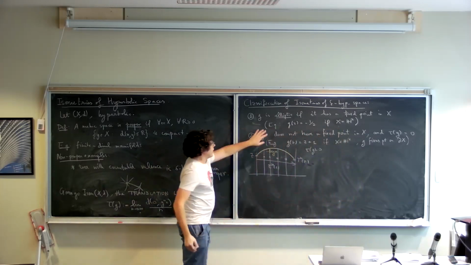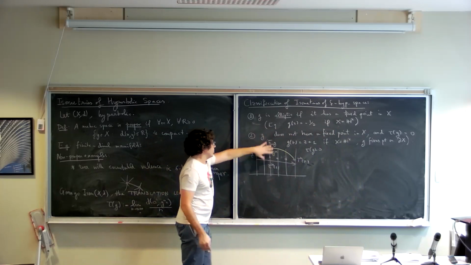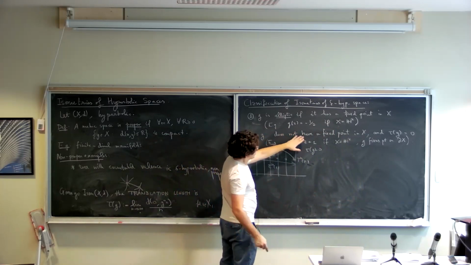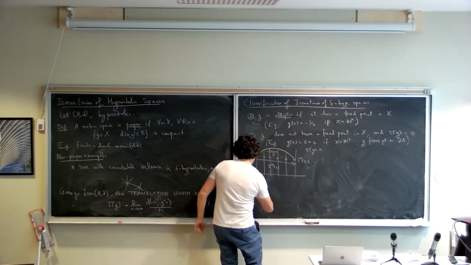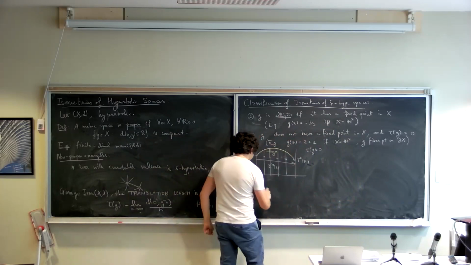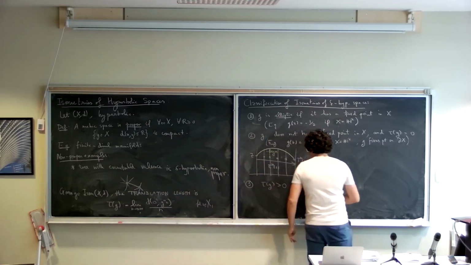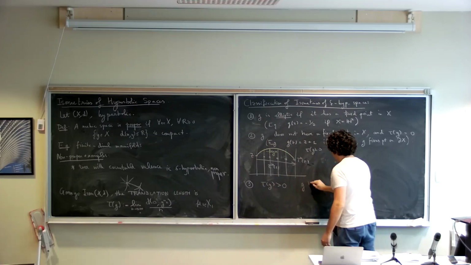However, in a non-proper space, there are various things that could happen. So it's not completely true that we have a very good classification of this case. But in any case, the other case is that if tau of G is positive, in this case G is called loxodromic.